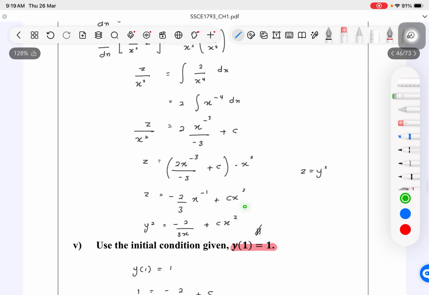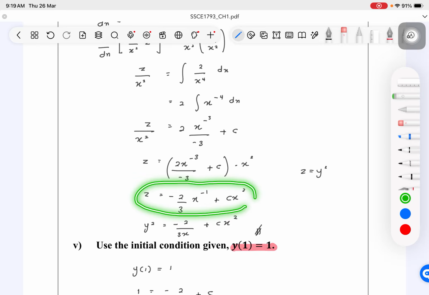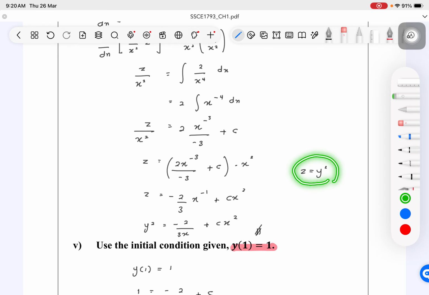Once you make z the subject, don't forget that you used substitution just now, so you cannot let your final answer be in terms of z. You need to substitute back the value of z. So z is equal to y squared. Once you substitute, our solution becomes y squared is equal to negative 2 over 3x plus c x squared.